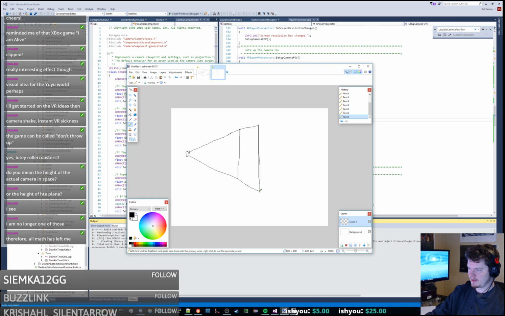So if our window height here was like 1000, we know that the distance along this direction here is 800.